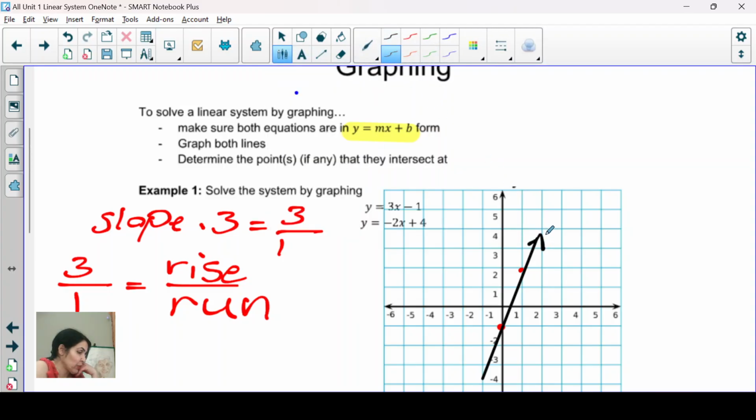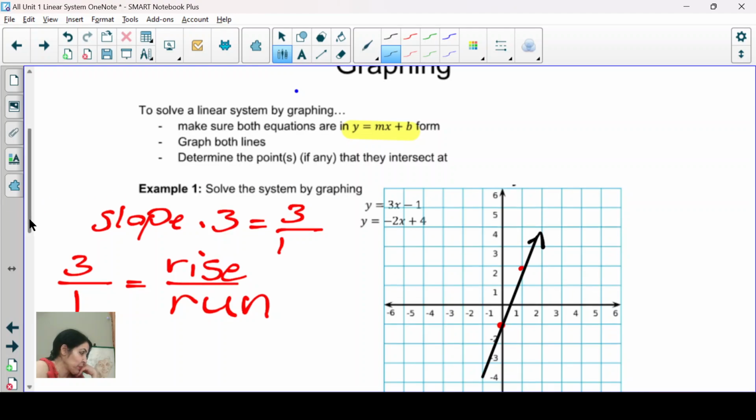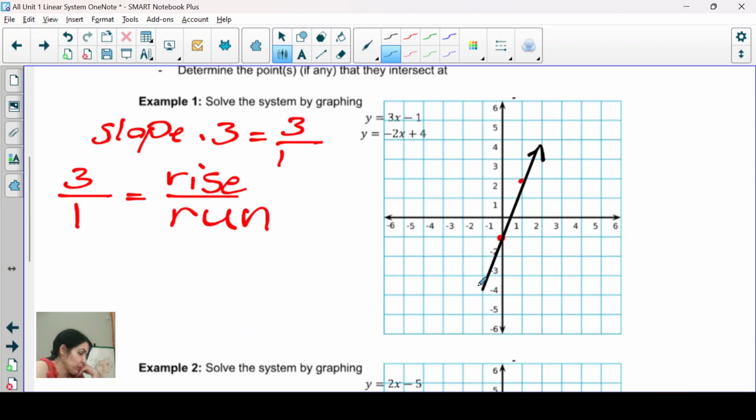And don't forget to put arrows like this. This is one equation, the first one, done.